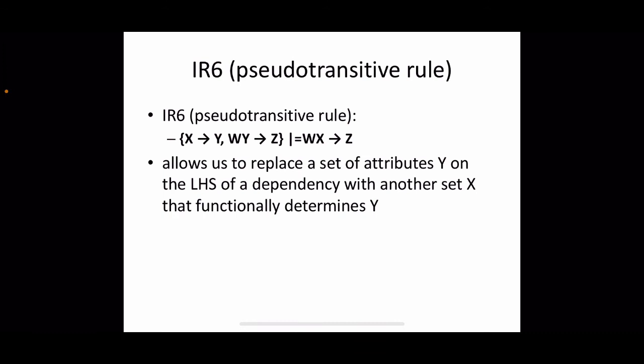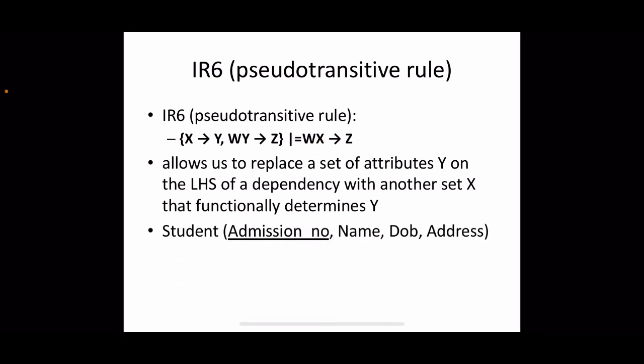So it allows us to replace a set of attributes Y on the left hand side of a dependency with another set X that functionally determines Y. So we have a dependency WY determines Z and X determines Y. Then this Y can be replaced by this X. Okay.